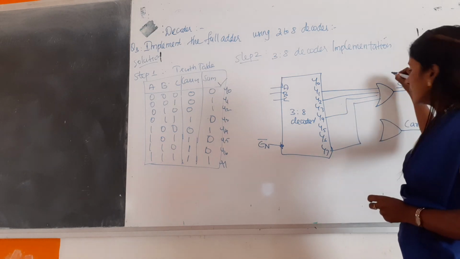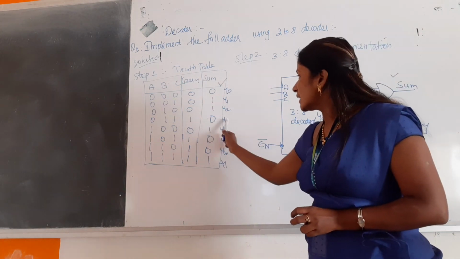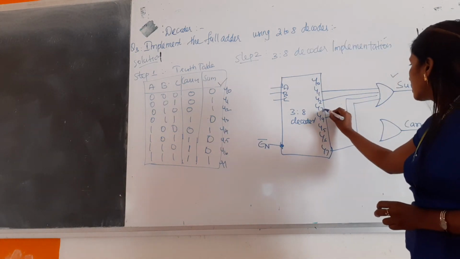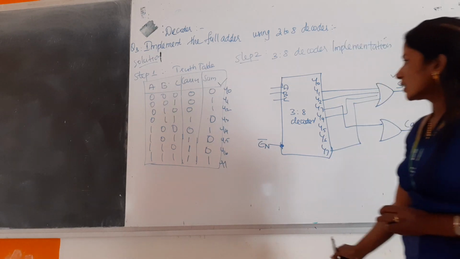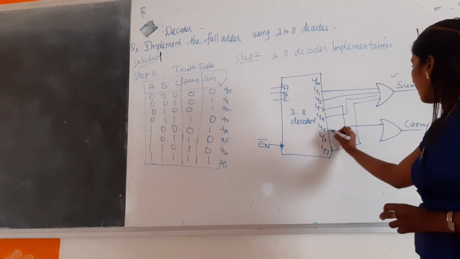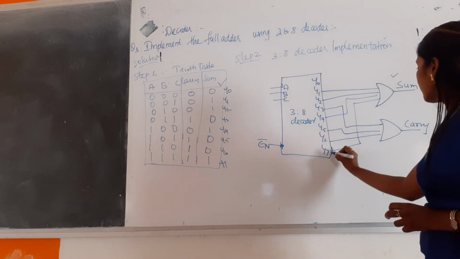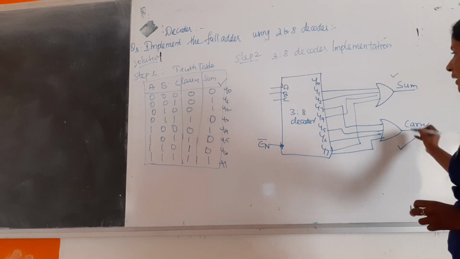Okay. Sum is over. Now carry. Carry y3 is 1, then y5, 6, 7 is 1. Carry is also 1.